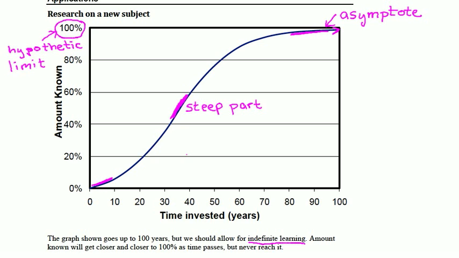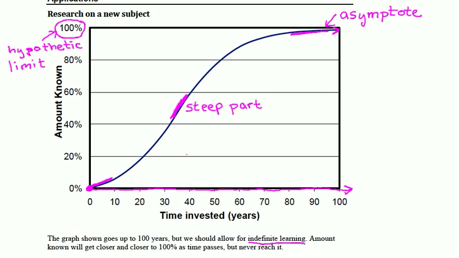First of all, looking at the domain. Certainly this graph does start at time 0 and knowledge 0%. We don't want to go into negative time. It's not possible to invest a negative amount of time into our learning, although with math some of us might try. Then it increases, and because we are allowing for indefinite learning, it does not stop at 100.